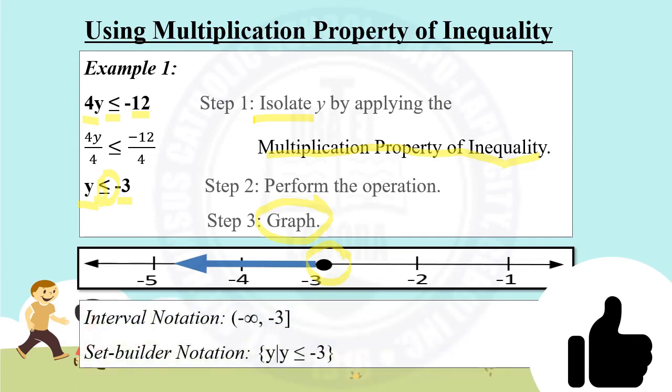Interval notation: negative infinity, comma, -3, then a bracket. Infinity is always a parenthesis. Please take note of that. Set builder notation is y such that y less than or equal to -3.